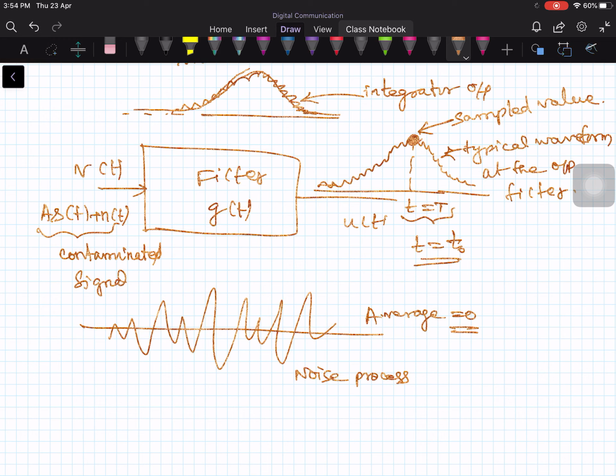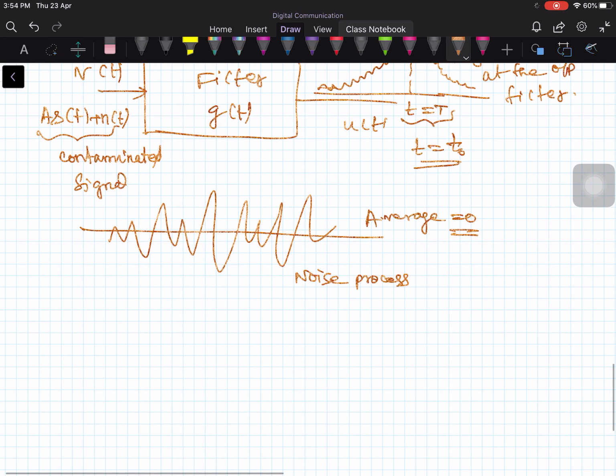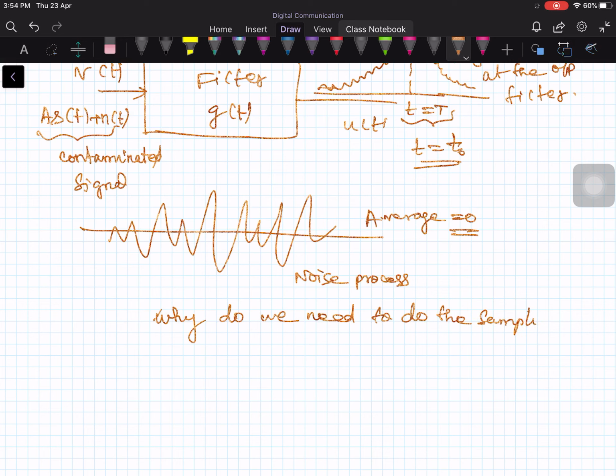And then why are we doing the sampling? Why do we need to do the sampling? That is the next question that one should ask. In a digital communication system, we don't really look at the complete waveform at the receiver, at the demodulator.